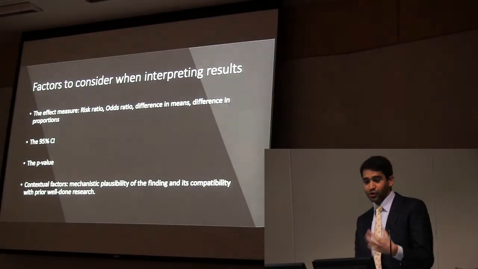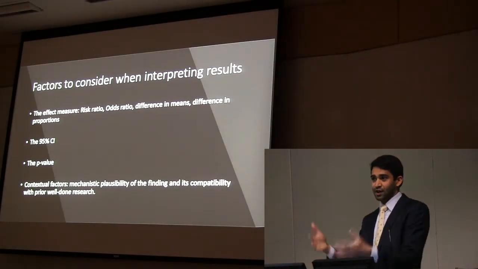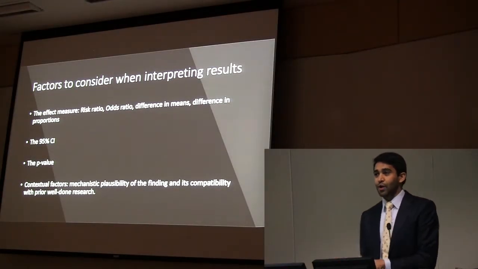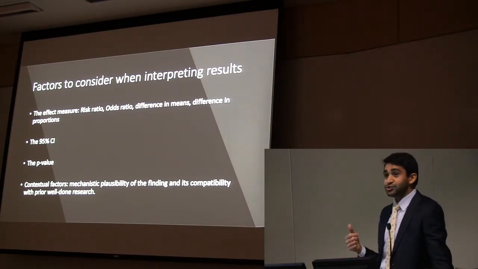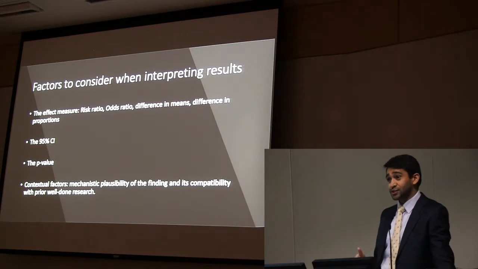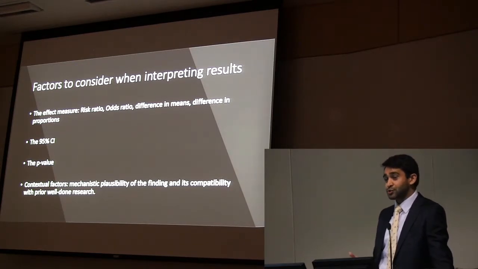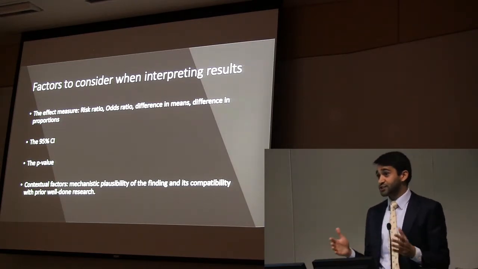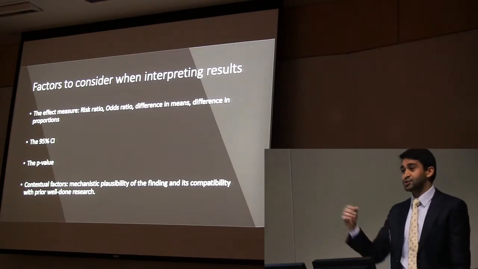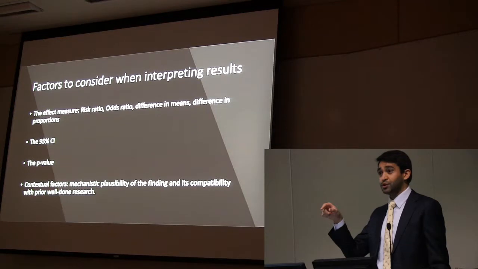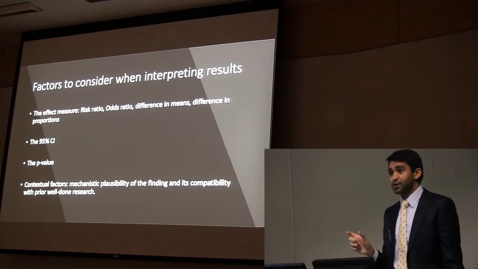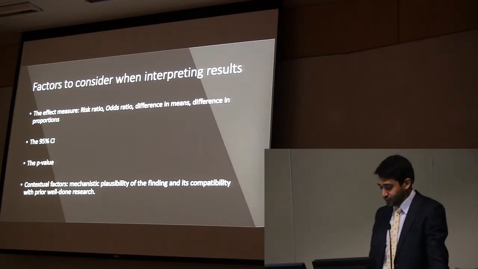And so when we interpret results, I've given you a lot of information, I think the way you do it is by looking at the effect measure that you're using. Are you using risk ratios, which are easy to interpret, or odds ratios? Can you use risk differences? If so, calculate them, because the same odds ratio of 2 for that men versus women mortality example can lead to very different probability risk differences.